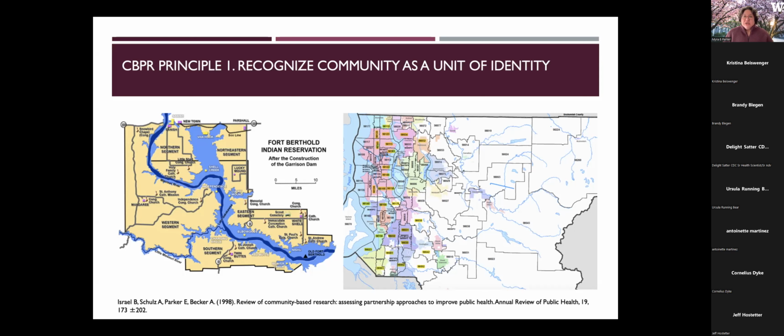And so we needed to understand how to map out the travel that home visitors needed to engage in order to best support these families. That was another piece that was very important for our program to be able to plan for, and also to be able to think about sustainability in terms of the costs associated with all that travel. So that's a couple of examples of how to think about applying this first CBPR principle within Native communities.